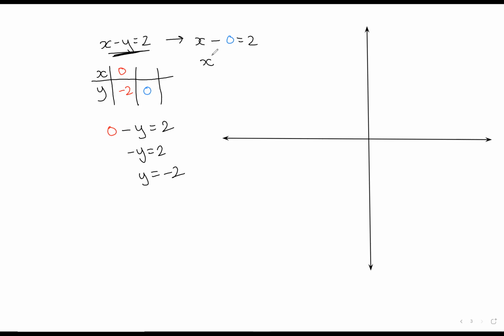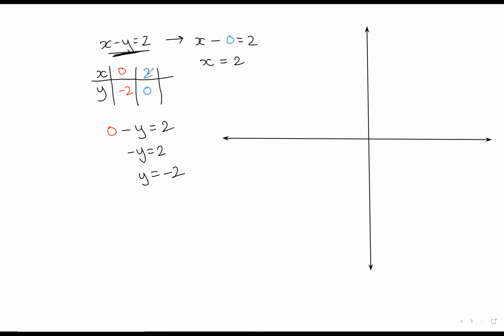Once again, think again, Viraj. x minus 0 is equal to 2. So the left hand side of the equation is what? It will be 2. Yes, x is equal to 2 because x minus 0 is nothing but x itself, right? So when y is 0, x is 2.